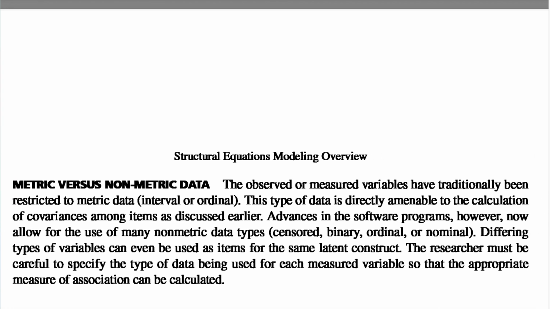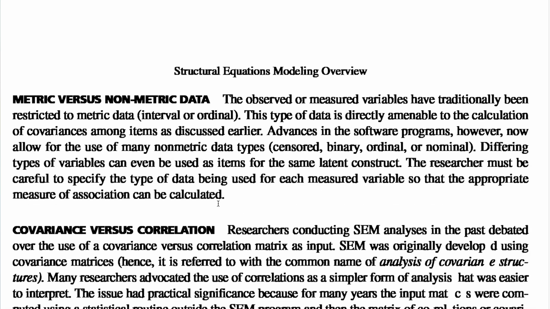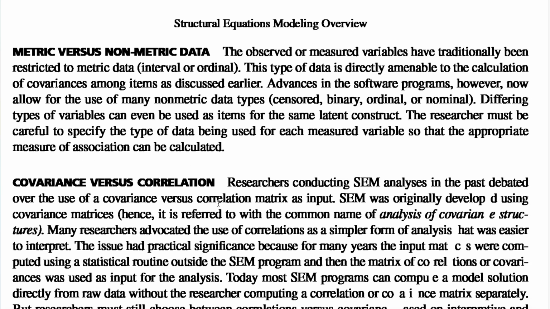Let's talk about metric versus non-metric data. The observed or measured variables have traditionally been restricted to metric data, interval or ratio. This type of data is directly amenable to the calculation of covariance among items, as discussed earlier.